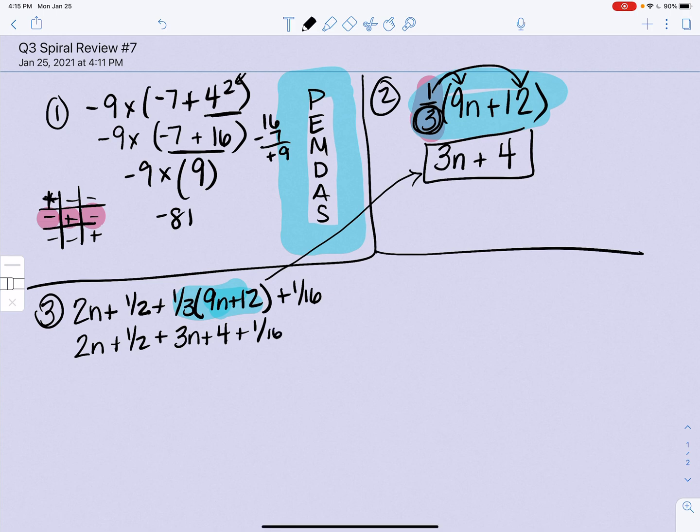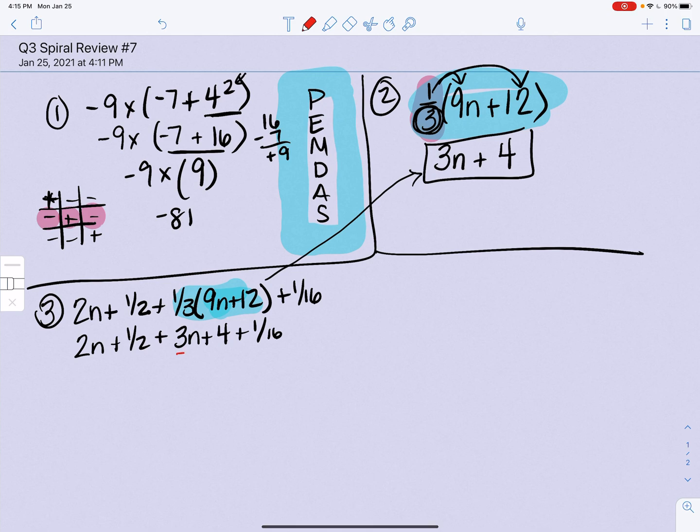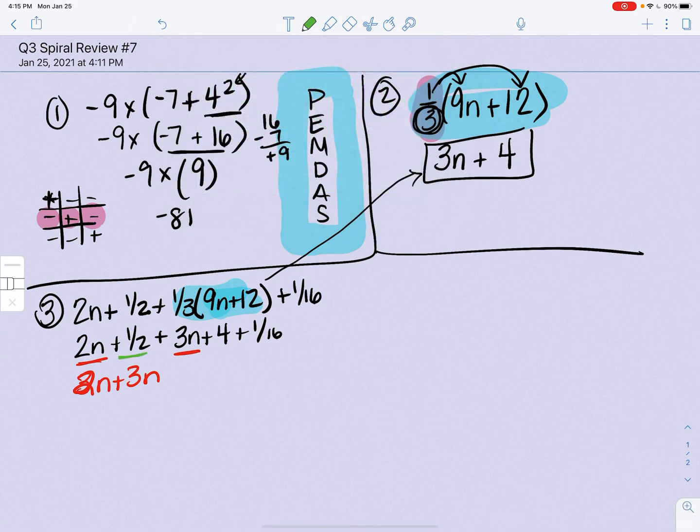Now, I personally, in order to combine these like terms, I want to put my variables together. 2n plus 3n. And then I want to put my constants together. And I'm going to do the 4 first just because it's a whole number. Plus 4 plus 1/2 plus 1/16.